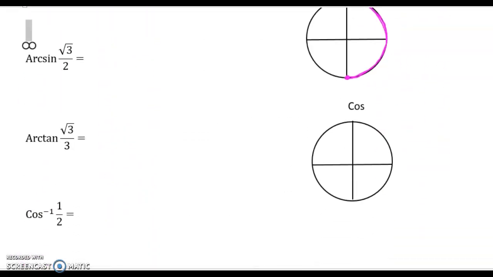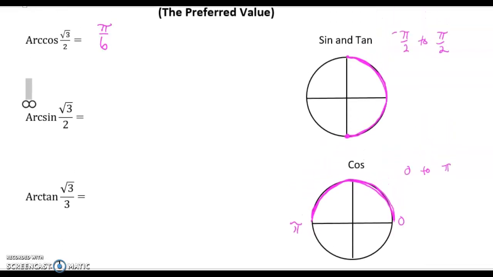So when we do cosine, we're looking for an angle that is on this arc. When we're doing a sine problem, we're looking for an angle that is on this arc, negative pi over 2 to positive pi over 2.